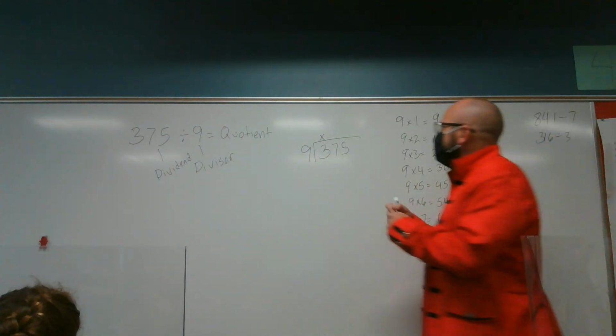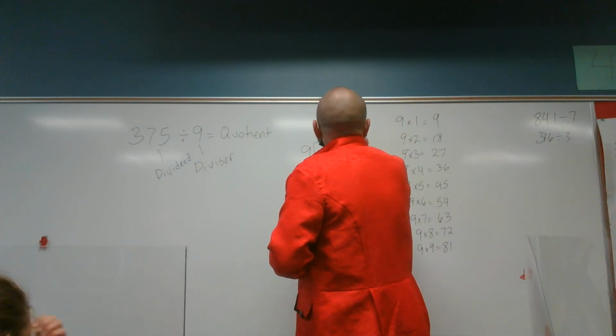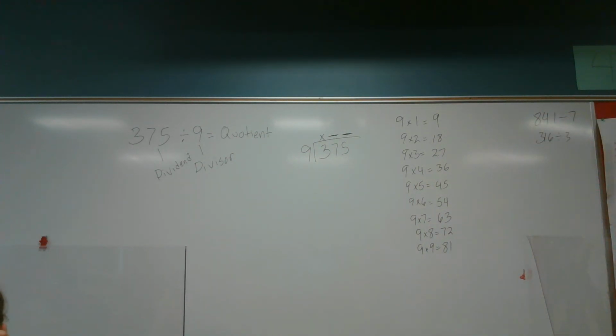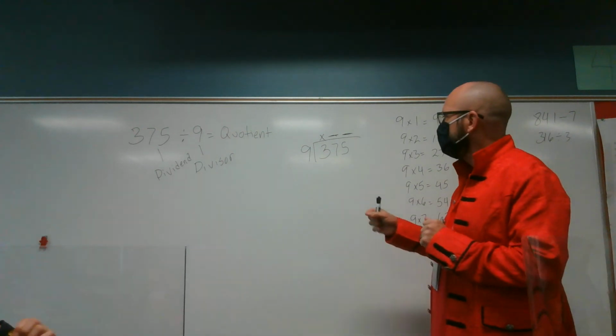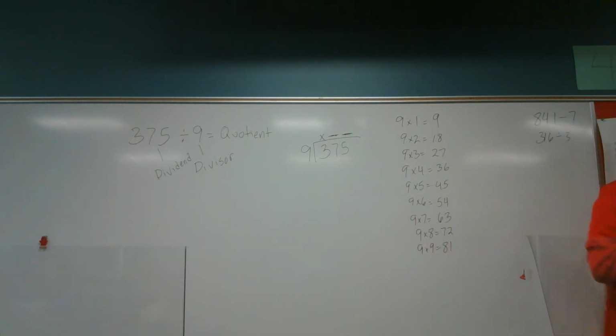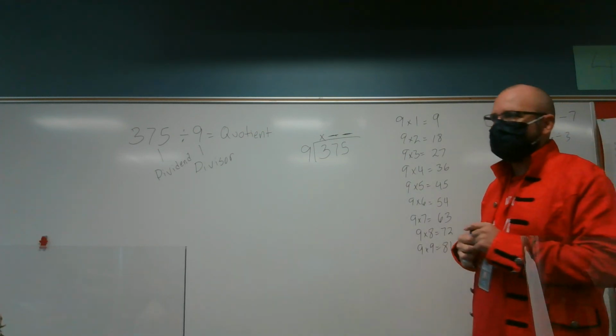Yes. That means my quotient is going to have a two-digit whole number: a number above the 7 and a number above the 5. It is very important that that's where you put them. And you'll see that is more evident when we get to one of the later problems.